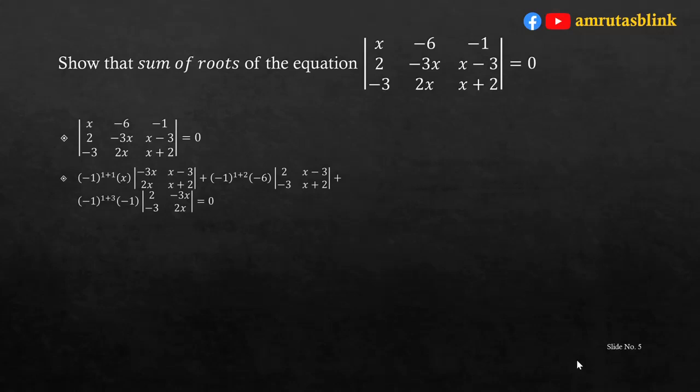So minus 1 raised to 1 plus 1 into x into the determinant minus 3x, x minus 3; 2x, x plus 2, plus the first row second element: minus 1 raised to 1 plus 2 into minus 6 into the determinant 2, x minus 3; minus 3, x plus 2, plus the first row third element: minus 1 raised to 1 plus 3 into minus 1 into the determinant 2, minus 3x; minus 3, 2x, is equal to 0.